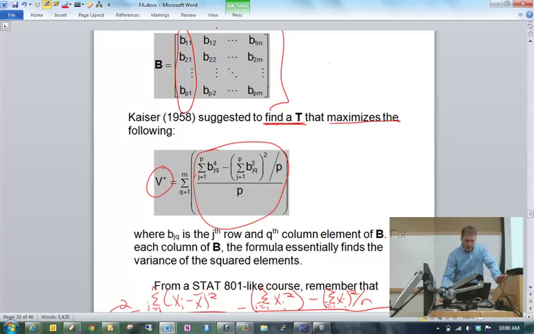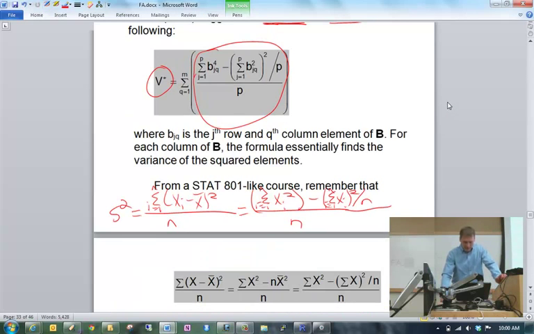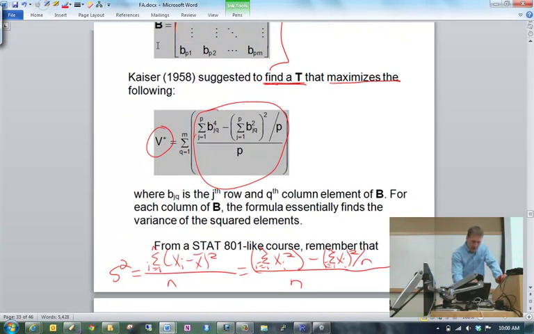So essentially, what we see here for the old sample variance formula is what you see there for b squares. Everywhere you see an x, replace it with a b squared. And so what we have inside this big parentheses for this V star is simply a variance calculation for squared elements in a column of your B matrix.